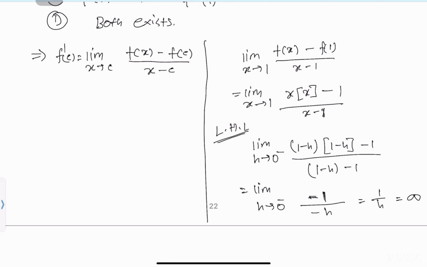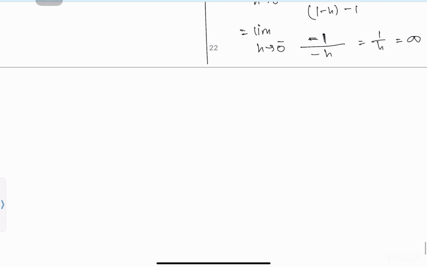Clear? Now let's check for the case of 2. Limit x tending to 2, f of x minus f of 2 divided by x minus 2.